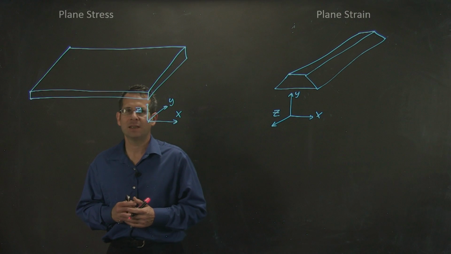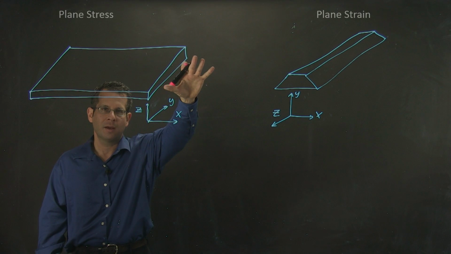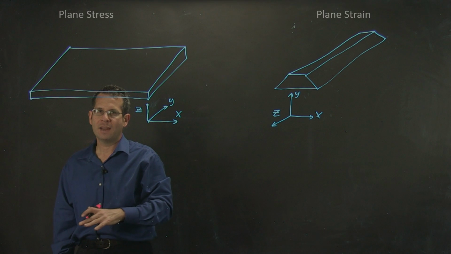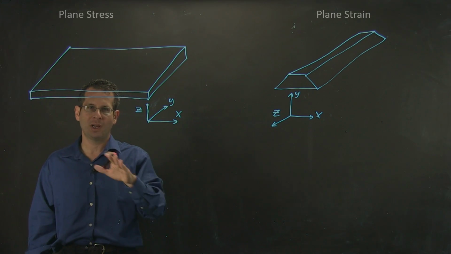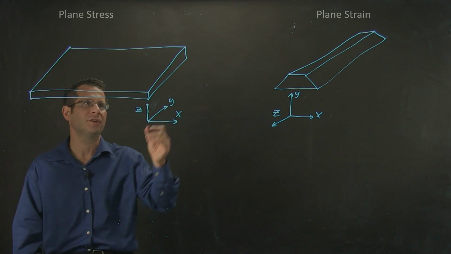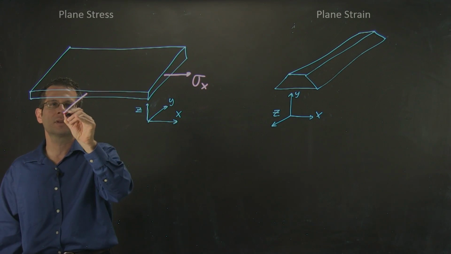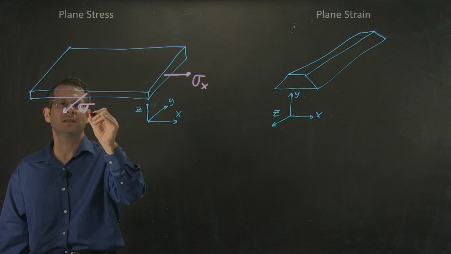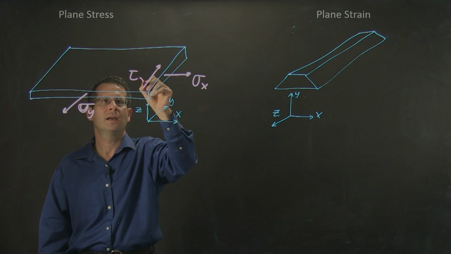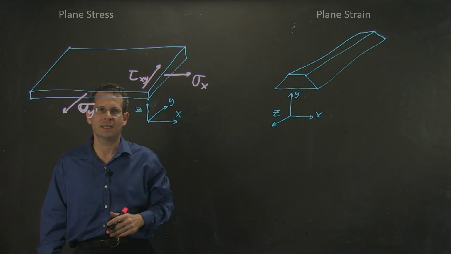The first is if we assume that our object of interest is a thin object, a uniformly thin object, and that all of the forces are applied in the x and y direction in such a way that the only components of stress we have are stress in the x direction, stress in the y direction, and shear stress in the xy direction, and that there's no component of stress in the z direction.